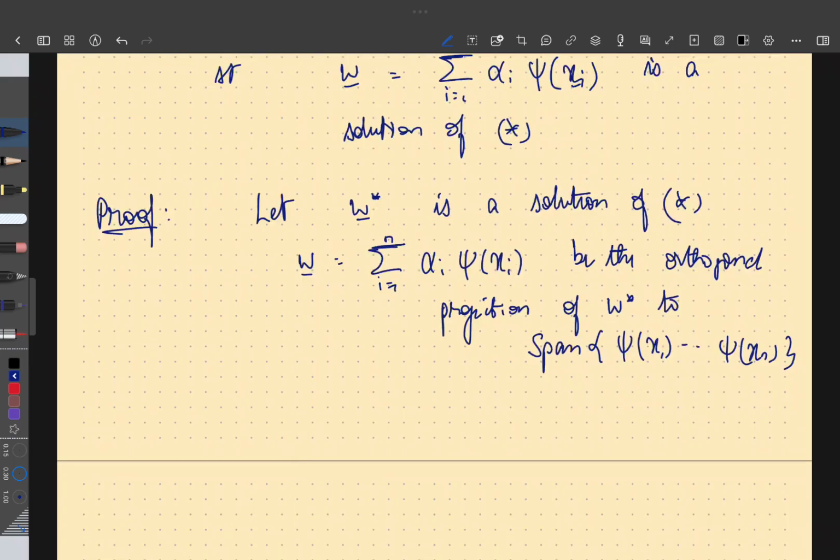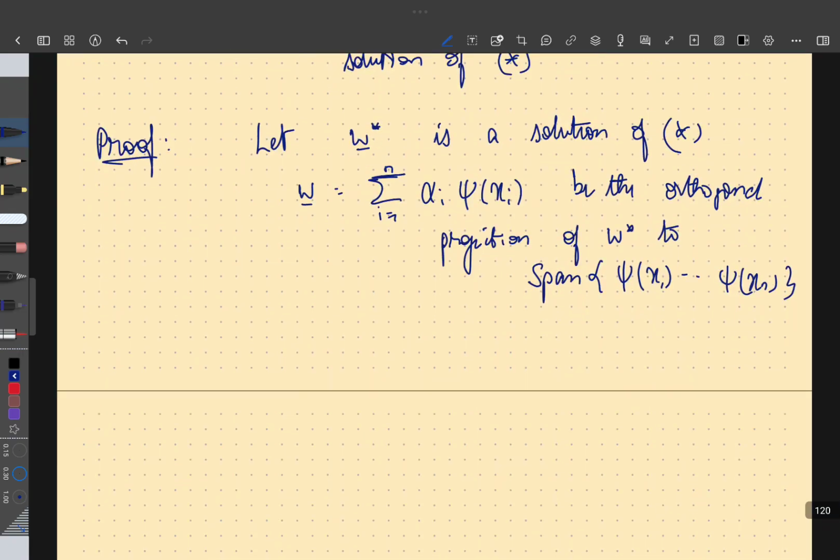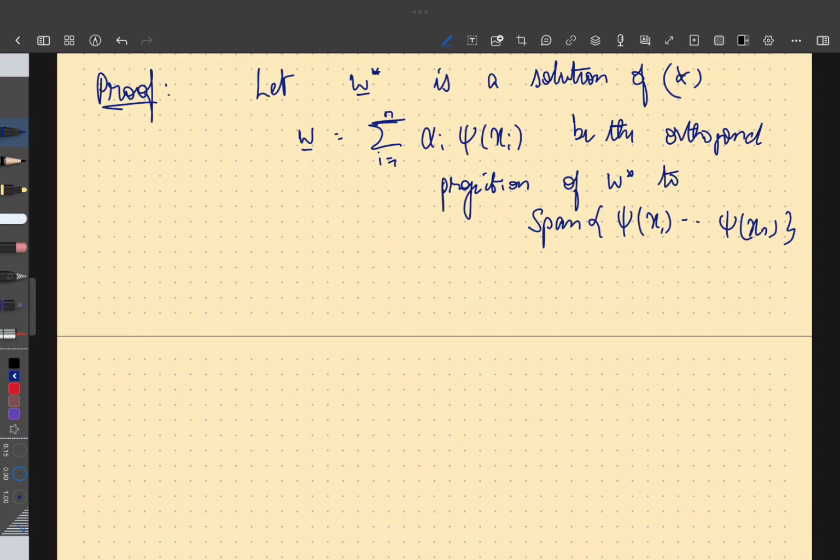For this to exist, the corresponding space x prime should be a Hilbert space. It turns out that completeness is necessary for there to be a unique orthogonal projection. So this is the space that we are interested in, and this is the orthogonal projection.